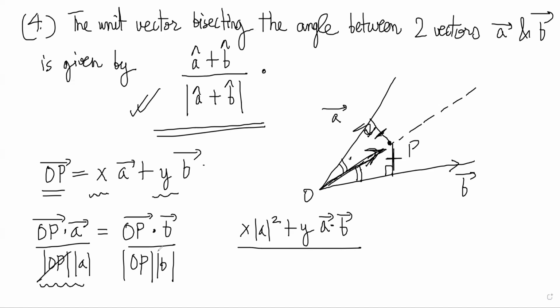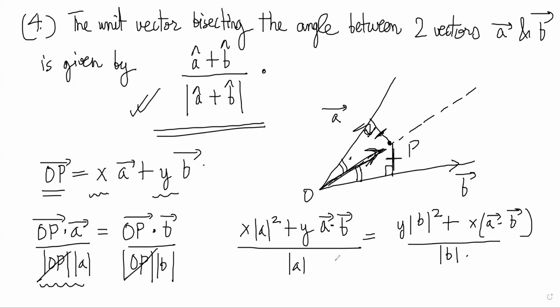Mod OP gets cancelled here. So divided by mod A is equal to y mod B square plus x times A dot B divided by mod B, right?